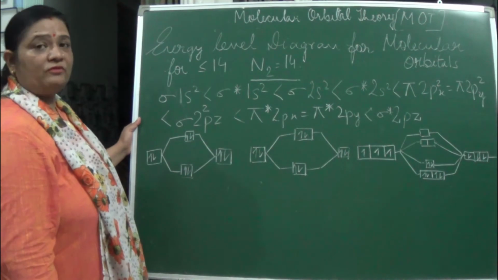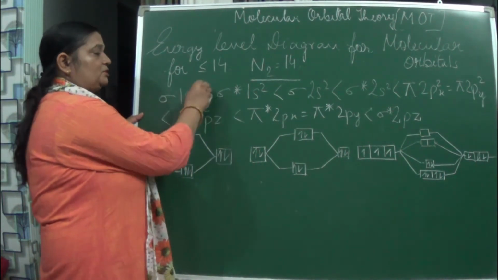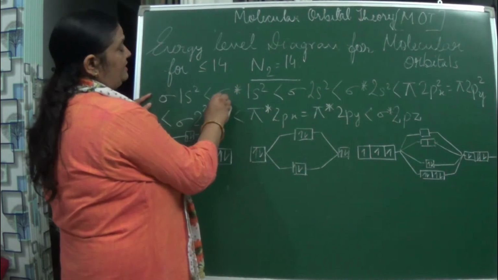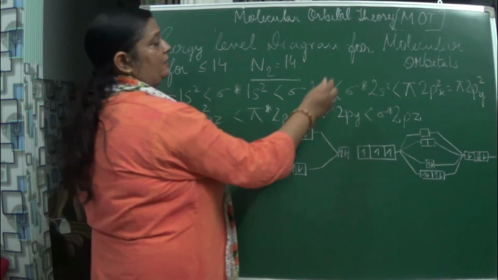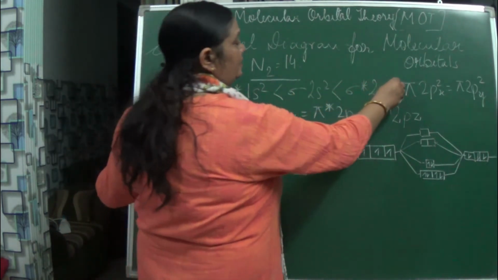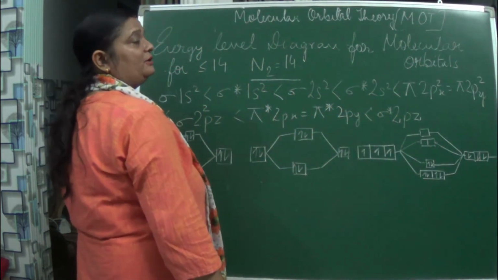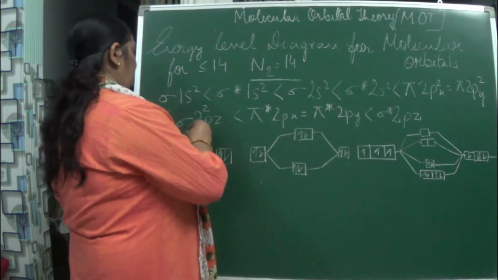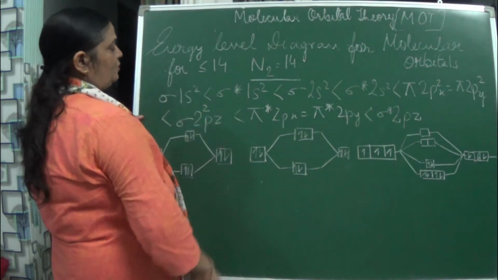Now what will be the criteria of filling up the electrons? It is sigma 1s2, the least energy, then sigma asterisk, meaning anti-bonding 1s2, then bonding 2s2, and then anti-bonding 2s2. Then we are seeing pi 2px square equal to pi 2py square, and then bonding 2pz square.